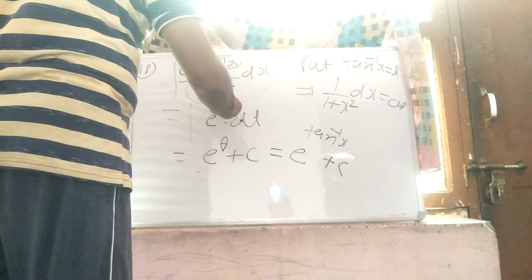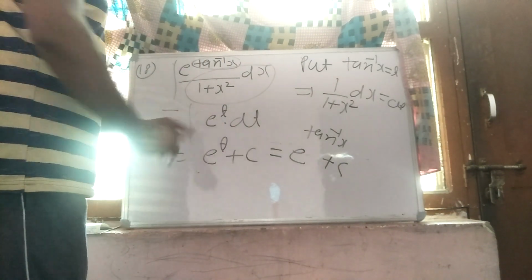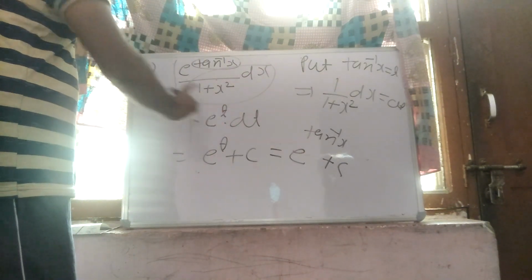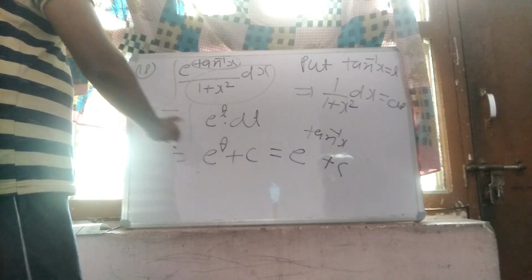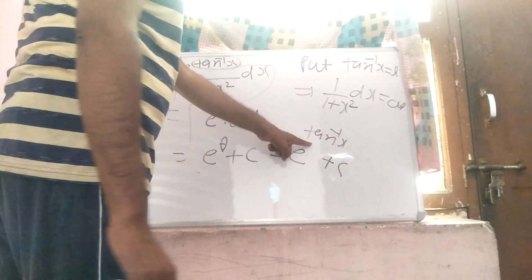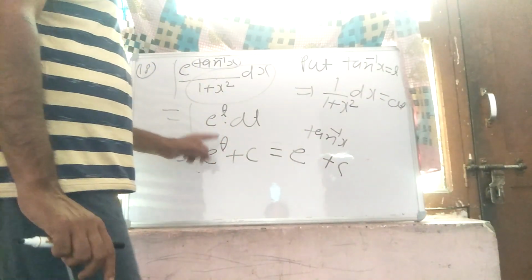This is the very simple form e to the power t dt, giving e to the power t plus c. Putting tan inverse x in place of t, this is complete.